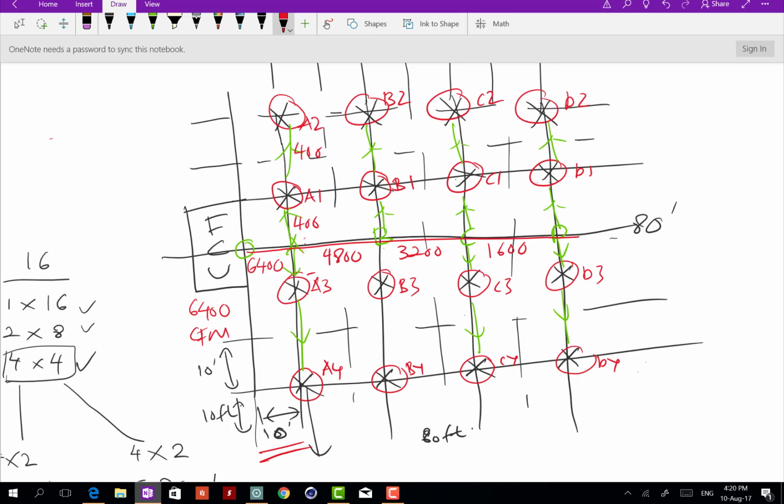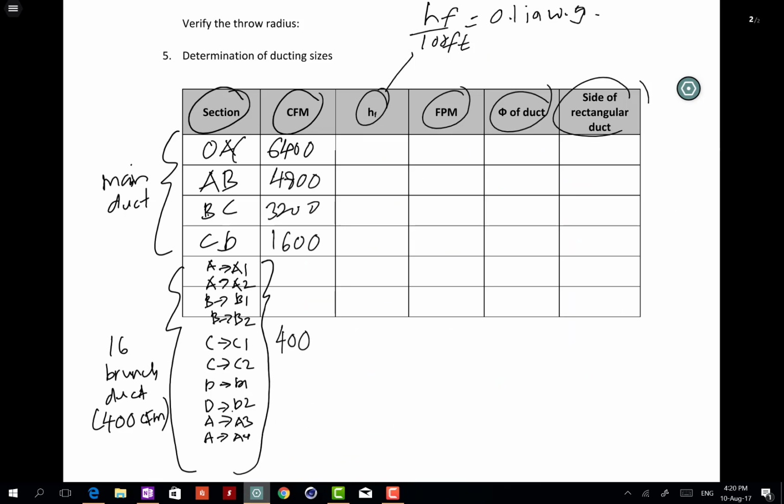But AB we have 10, which is 20 feet. So same goes with BC and CD. So here OA is 10 feet. This is 20, 20, 20.